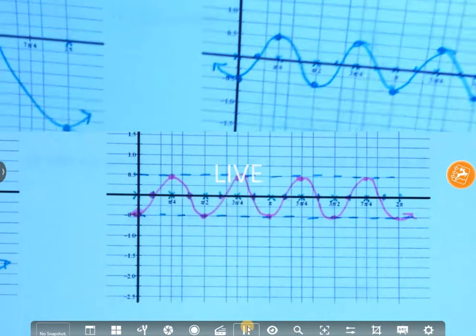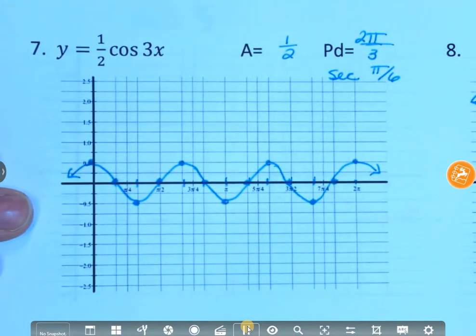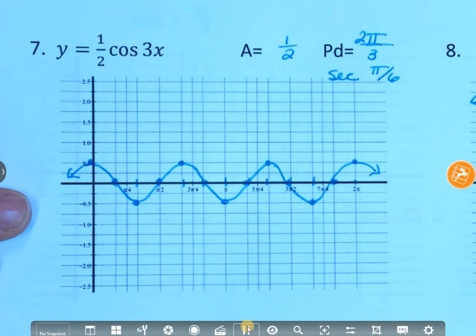Where's my pose? So here's problem number 7. Problem number 7, each section was pi over 6. Hayden, what's your question? Because that was a confuzzled look on your face. Okay.